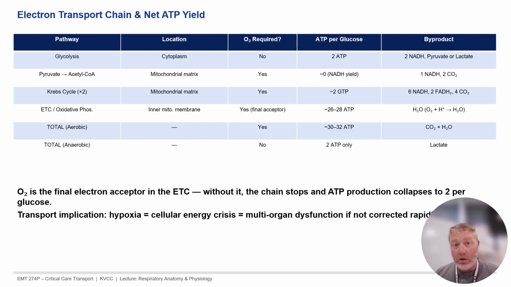Glycolysis alone under anaerobic conditions yields only 2 ATP. This is a 15-fold difference in energy output without oxygen, and that's why oxygen deprivation, whether from hypoxia or shock or carbon monoxide poisoning, causes such a rapid and severe cellular dysfunction.